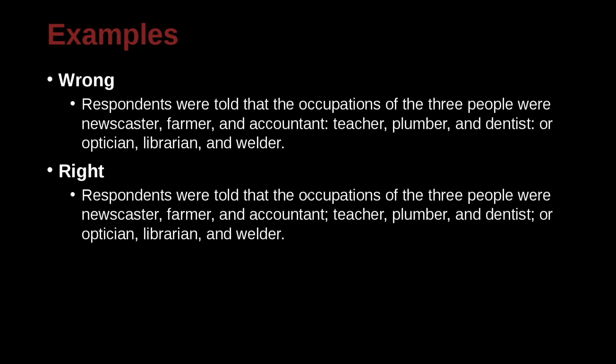Respondents were told that the occupations of the three people were newscaster, farmer, and accountant. And here we go: teacher, plumber, and dentist, or optician, librarian, and welder. And in this case, what we have is a list. We have three lists, right?